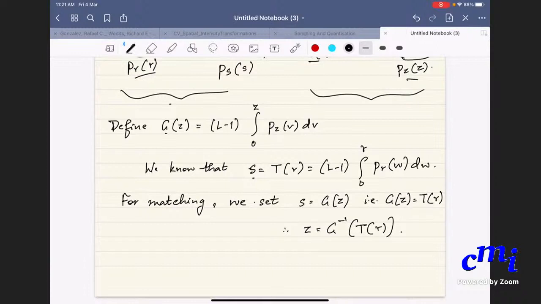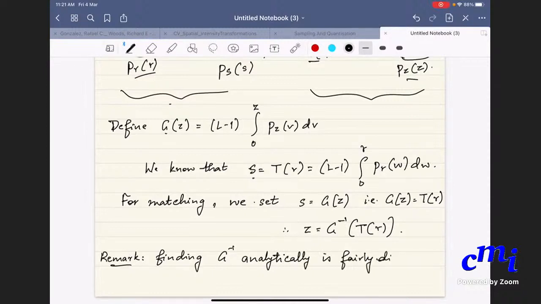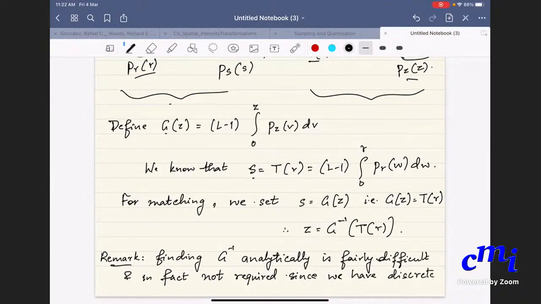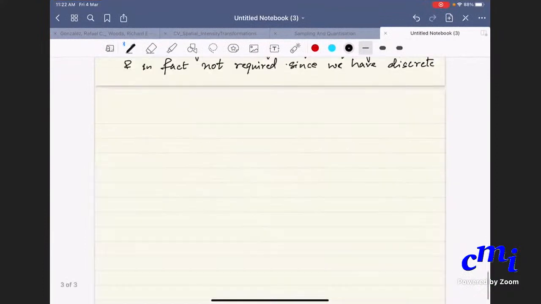Let me just write this remark. Finding G inverse analytically is fairly difficult, and in fact not required, since we are dealing with discrete values of R and S. Since we have discrete variables R and S, we will construct lookup tables instead.